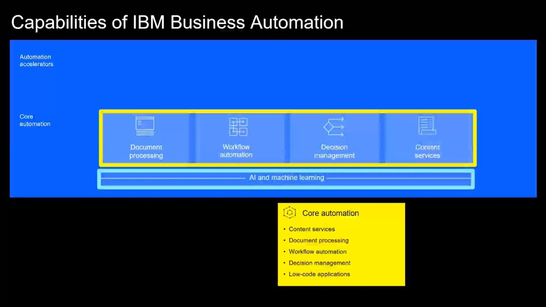Content management, where you can store documents in a secure fashion, define document security at the folder or even role or document level, making sure you have that control and that governance.